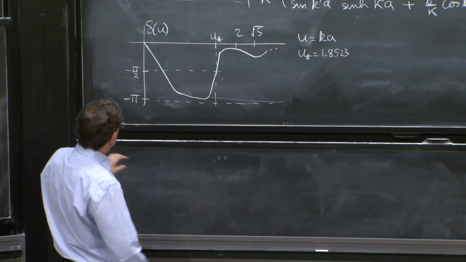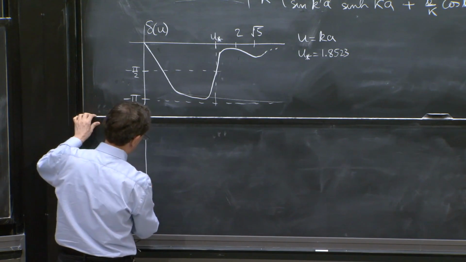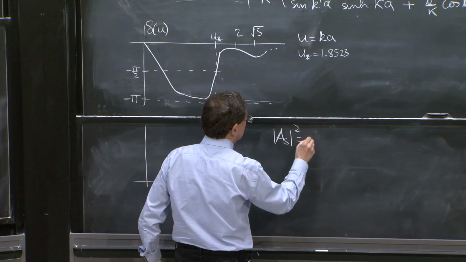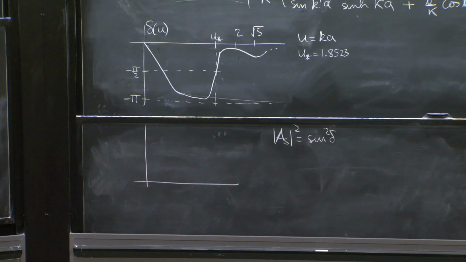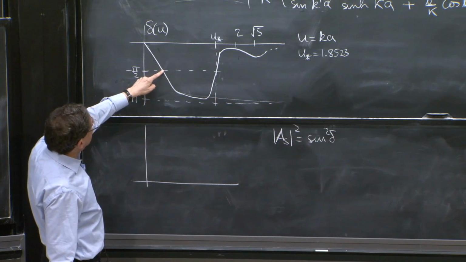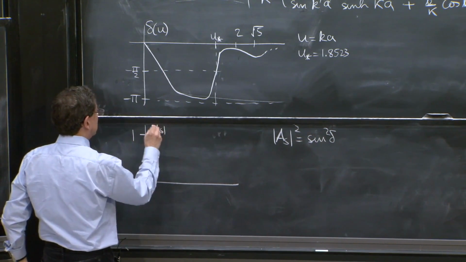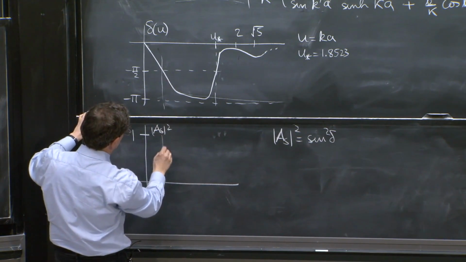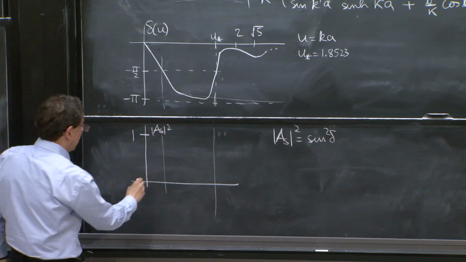Now, this is quite interesting. If you think of what we used to call the scattering amplitude, A_S squared was sine squared delta. The amplitude of the scattered wave, sine squared delta, is going to be quite large here. It's going to be 1, which is the maximum. A_S squared is here. So I want to keep these two blackboards aligned. So here it goes like this.